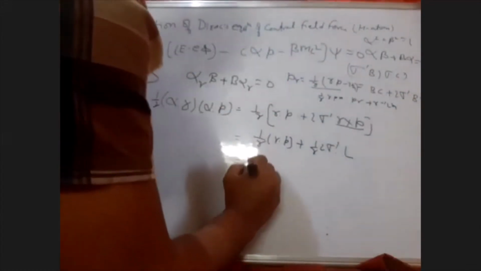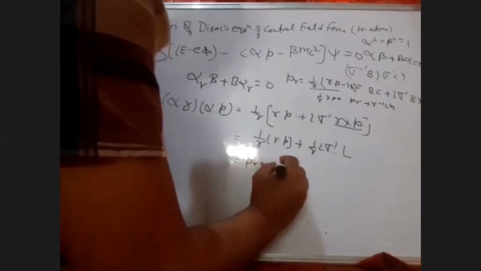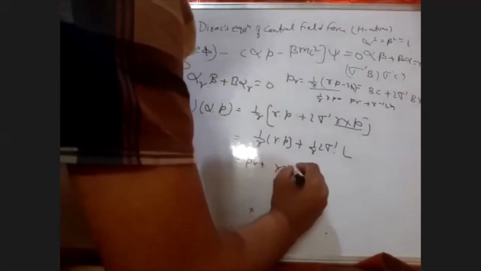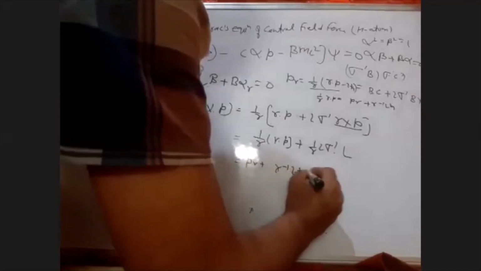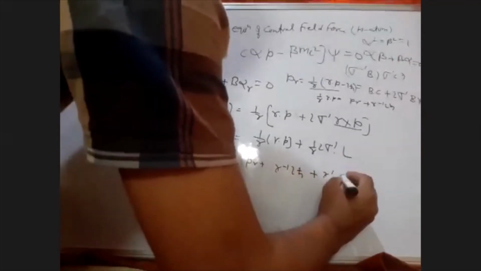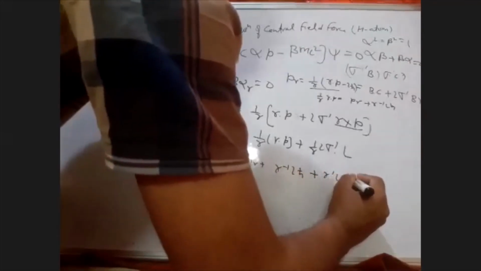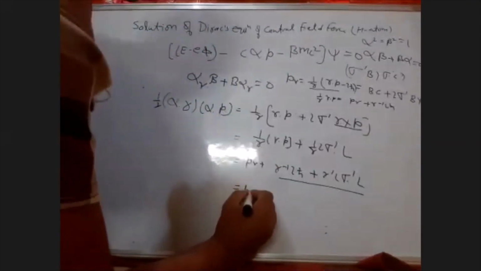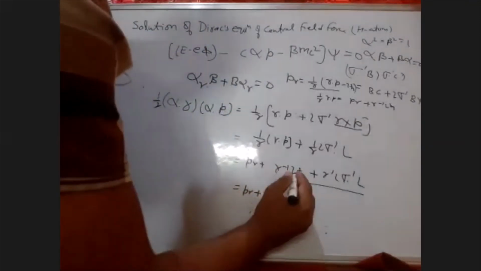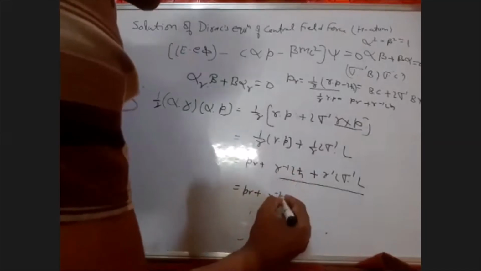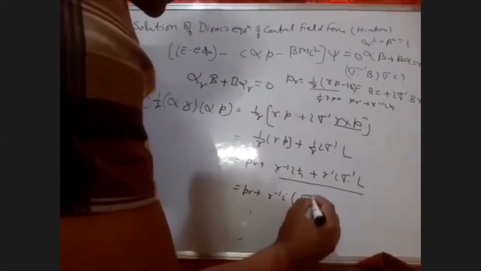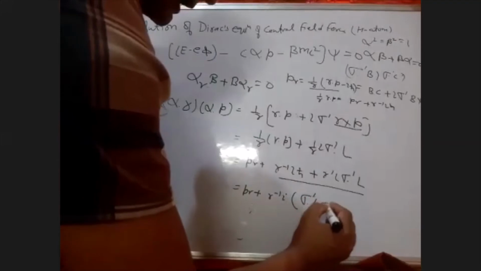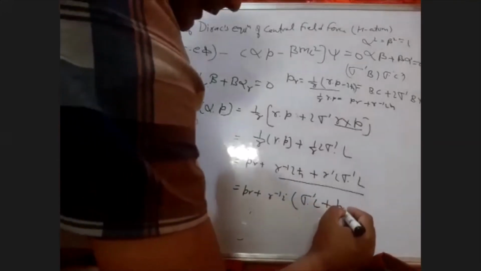So pr plus r inverse i h cross plus r inverse i sigma dash dot L. Now from these two, pr plus r inverse i sigma dash dot L plus h cross.